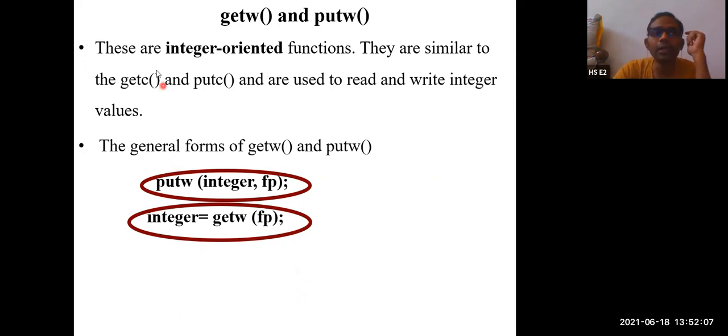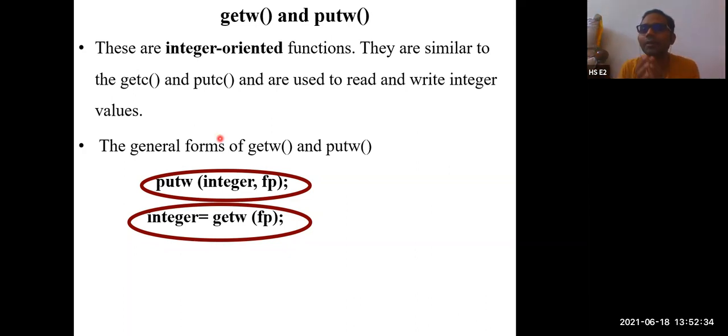These are integer oriented functions. They are similar to getC and putC. One important point is that getW and putW are almost equal to getC and putC, but there is a difference. getC and putC work on integer data as well as character data. Every character is stored in the form of an ASCII value.